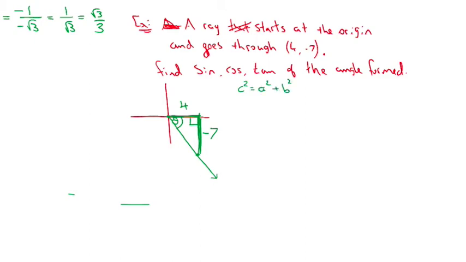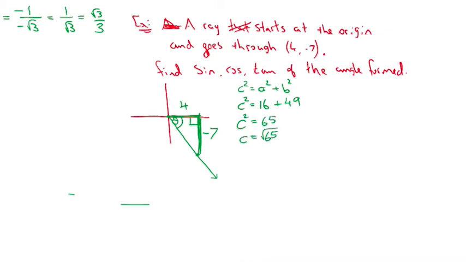C in this case is going to be the hypotenuse. So c squared equals 4 squared, 16, plus 49 for 7 squared. That's 65. So c squared equals 65, and c is going to equal the square root of 65.